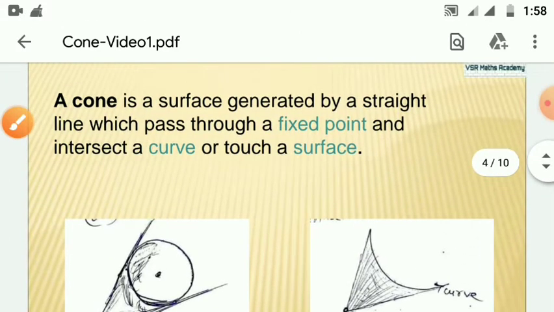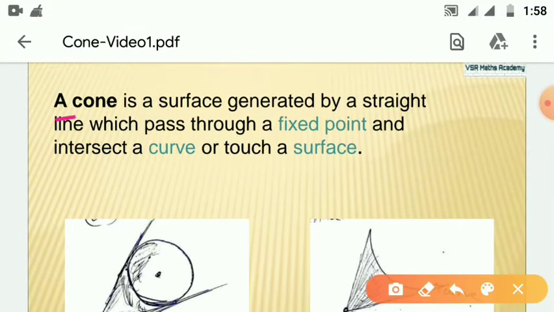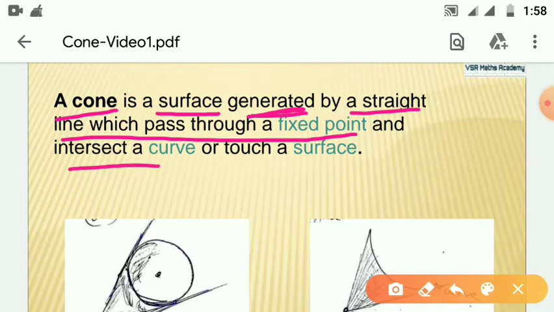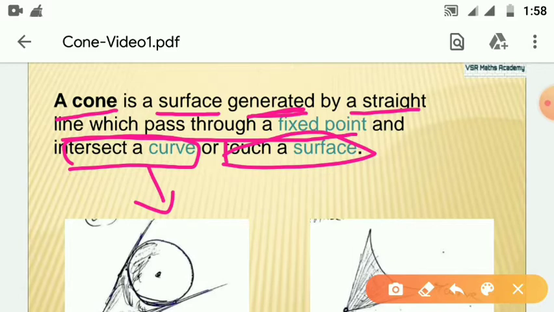So once again I am repeating. A cone is the surface generated by a straight line passing through a fixed point and intersecting a curve or touching a surface. This is one case of generating a cone.